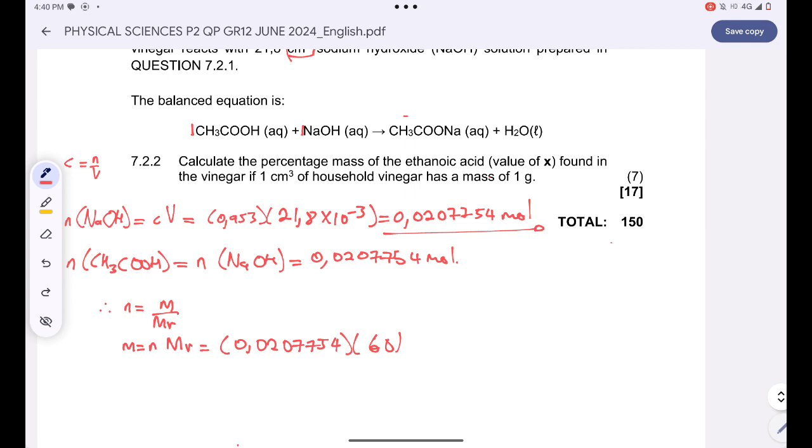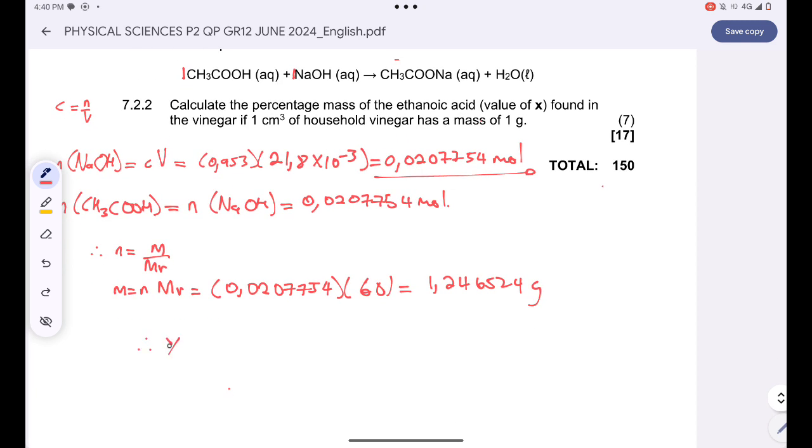So this will just give me the mass of my ethanoic acid. That's 1.246524 grams. So therefore, the percentage mass of my ethanoic acid inside the household vinegar is just 1.246524 divided by the total mass of the vinegar, which is 25 grams, multiplied by 100.